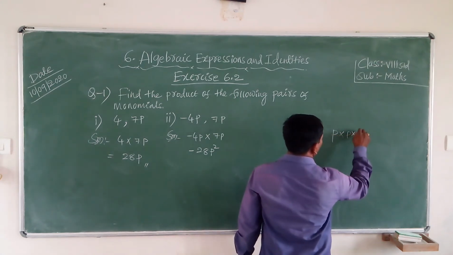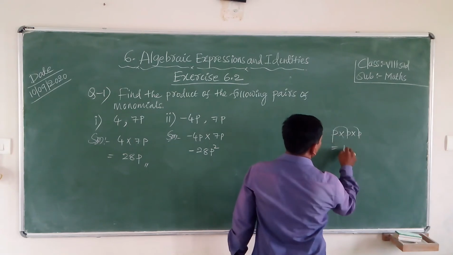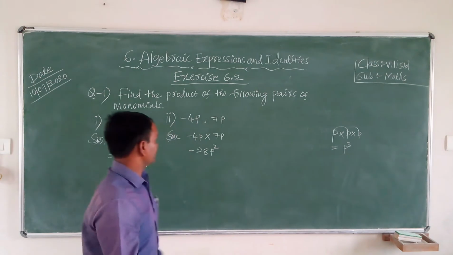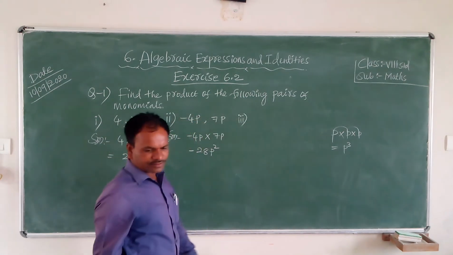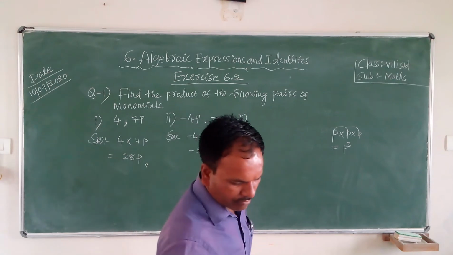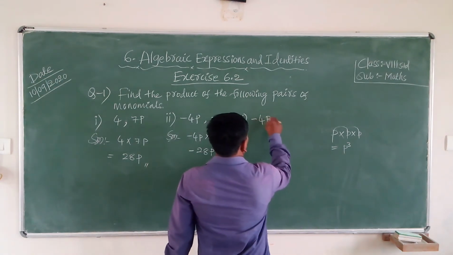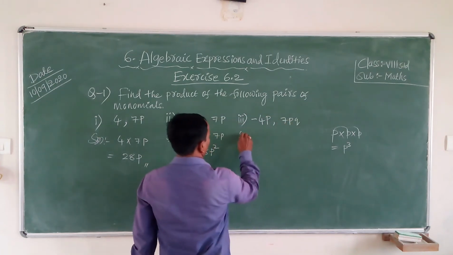P into P into P is equal to P into P square into PQ. Like this you have to multiply variables also. Third one: minus 4P, comma 7PQ. How to multiply this?